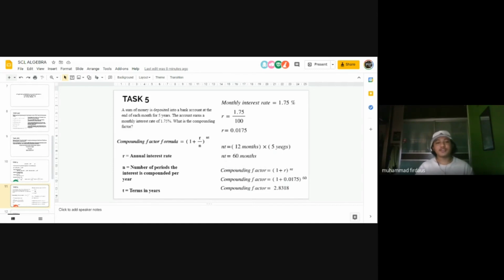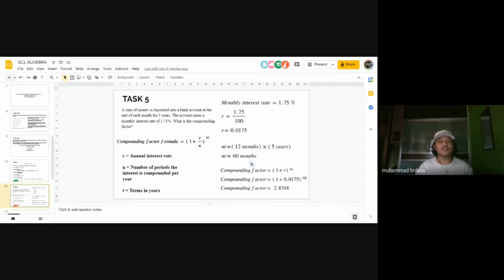In the question, N is each month, so N is going to be 12, and T is going to be 5 because the money is deposited for 5 years.